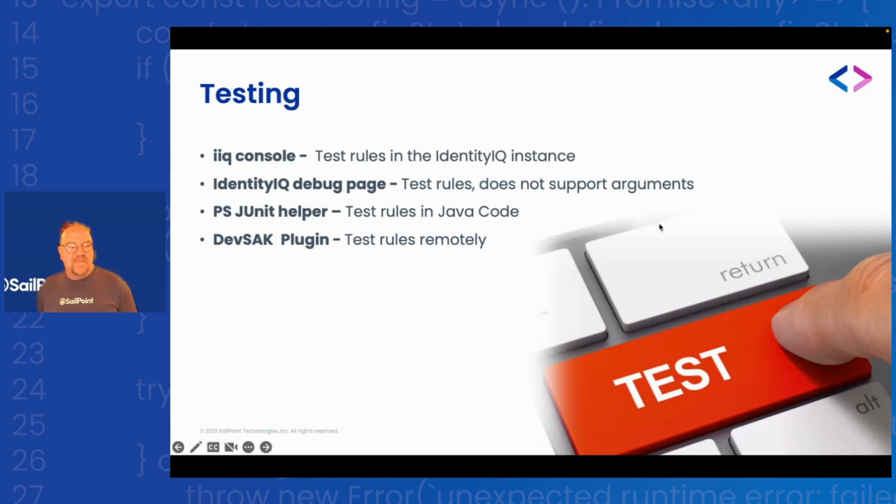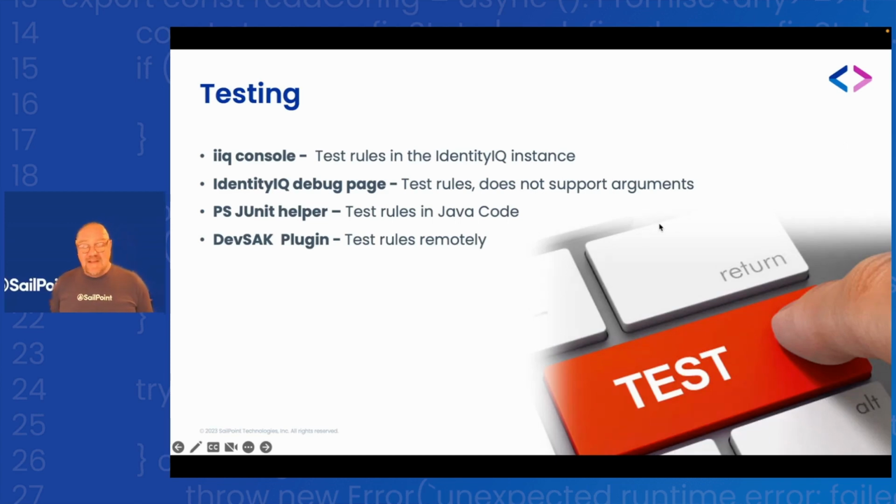There's some professional services tools. One of them is the JUnit helper. So what that actually does, it spins up IdentityIQ inside your IDE, and you can use JUnit, and that's fine. And I did a lot of work on it in the past.